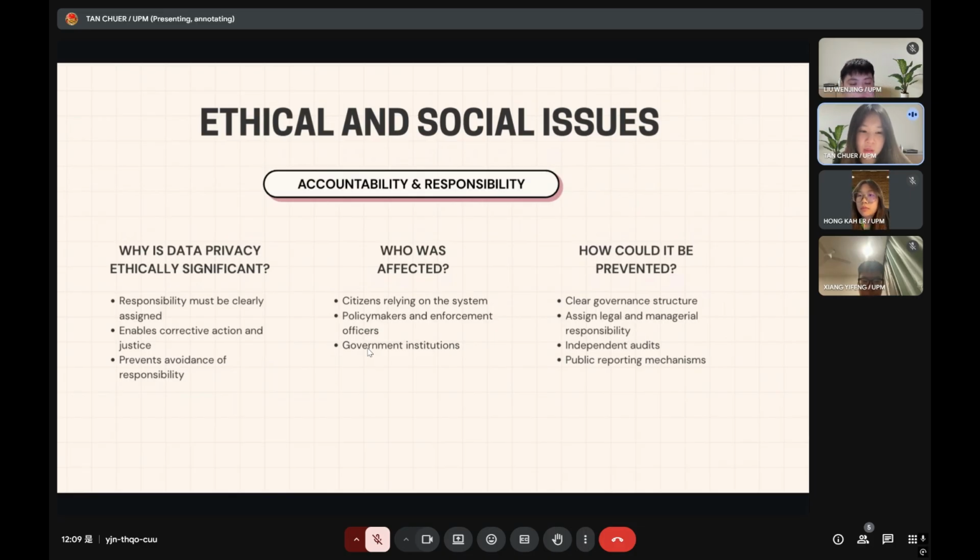This does not just affect the government, it affects every student, worker, and business owner who relies on the app to get through their day. We can solve this by having a clear governance structure and using independent auditors, kind of like a third-party quality checkup, to make sure everything is being handled fairly and legally.